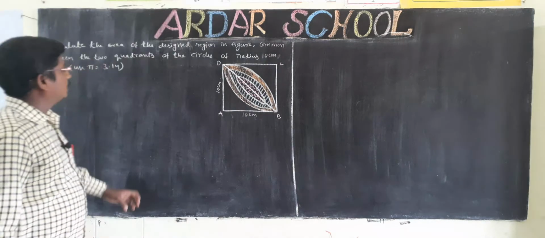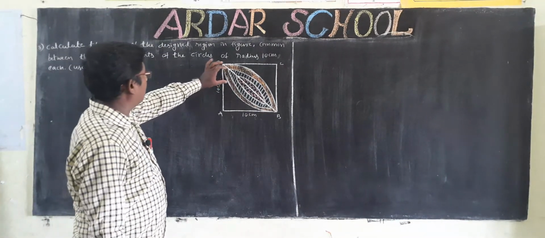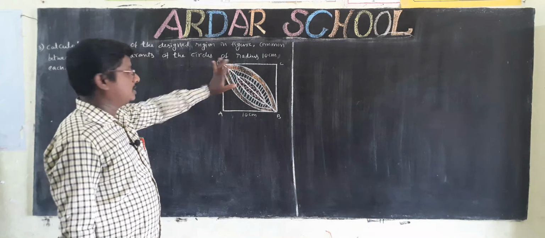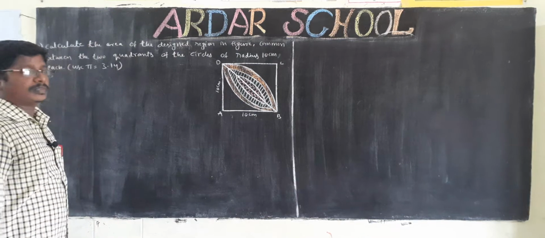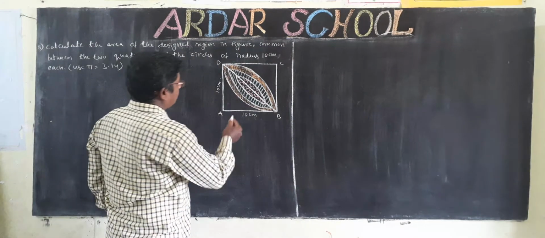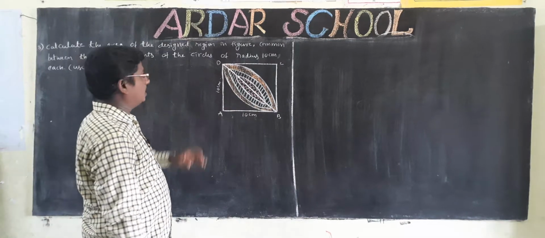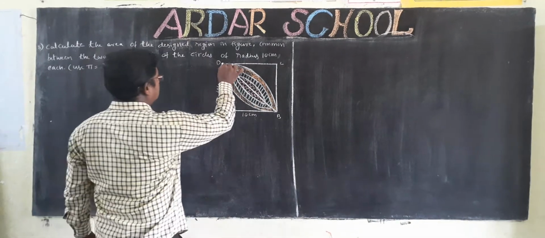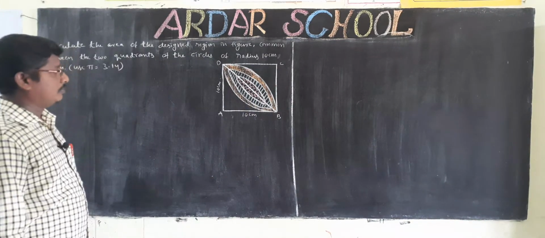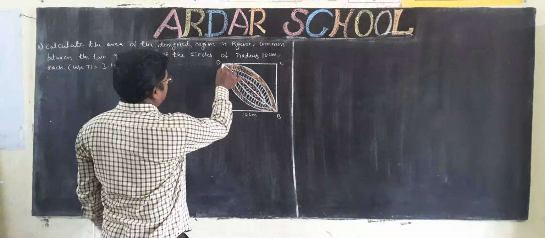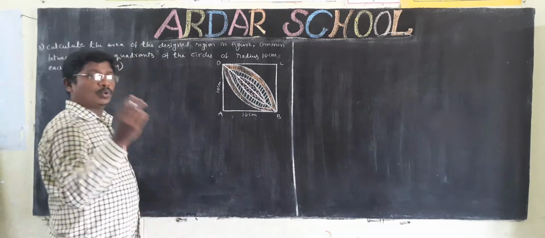So you have to find the area of the designed region. How to find the area of the designed region? Observe this one. First of all, you have to draw BD, join BD, then the figure is divided into two triangles, two right angle triangles. Also BD divides the shaded region into two parts.